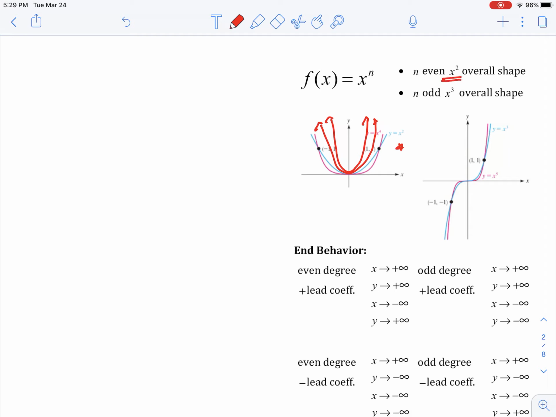The larger that exponent becomes, the narrower that U-shaped graph becomes. But the overall shape is always this parabolic x squared shape.